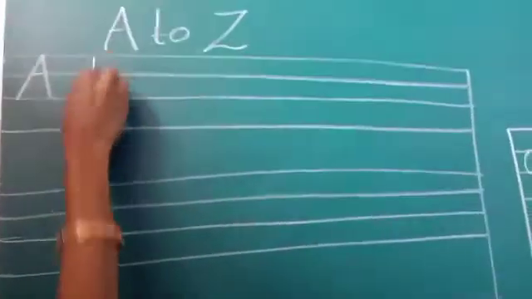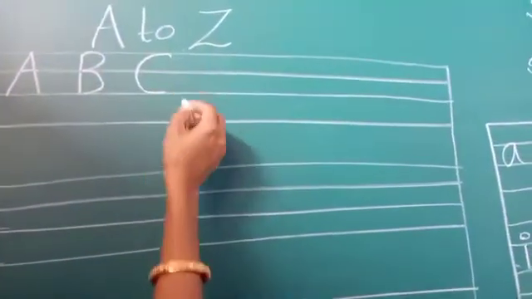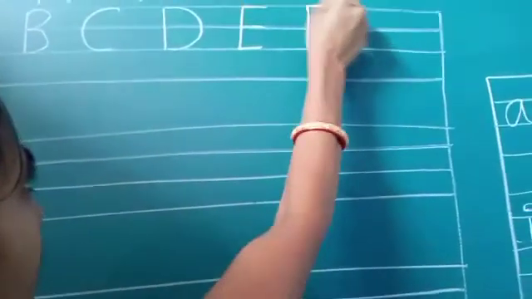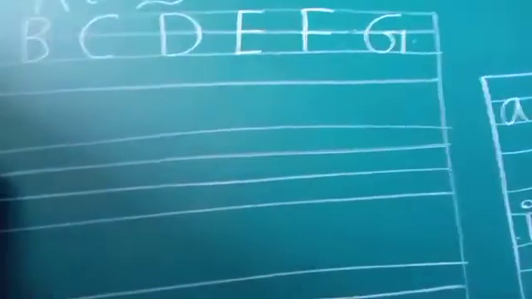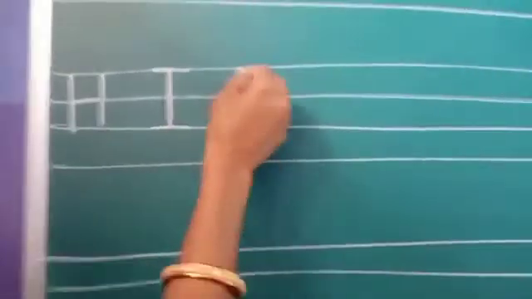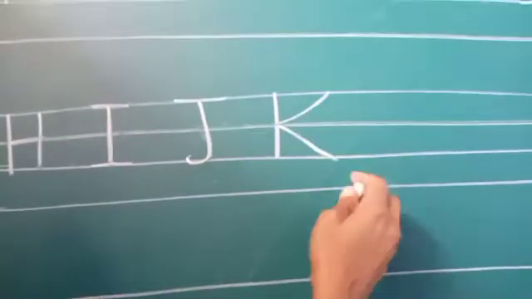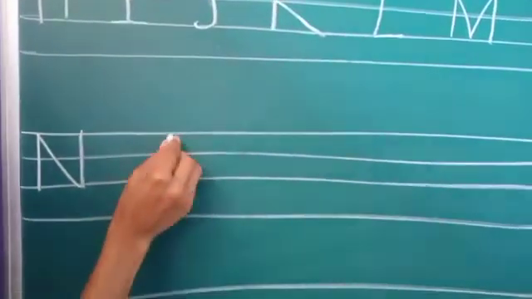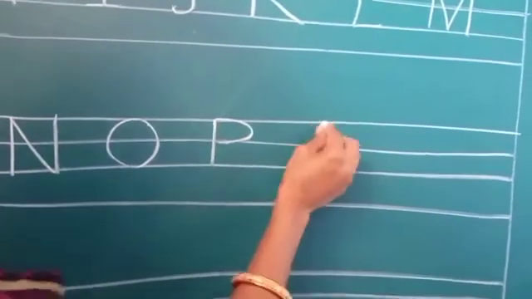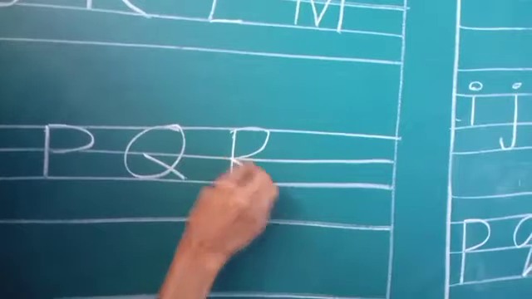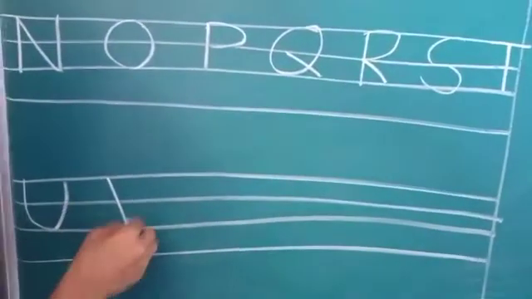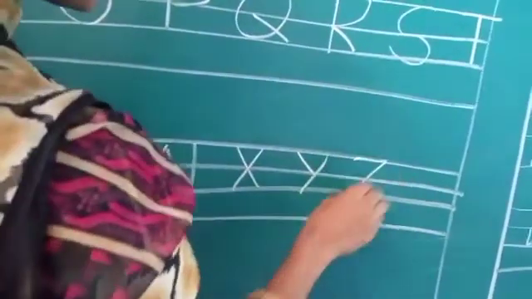Capital A. Capital B. Capital C. Capital D. Capital E. Capital F. Capital G. Capital H. Capital I. Capital J. Capital K. Capital L. Capital M. Capital N. Capital O. Capital P. Capital Q. Capital R. Capital S. Capital T. Capital U. Capital V. Capital W. Capital X. Capital Y. Capital Z.